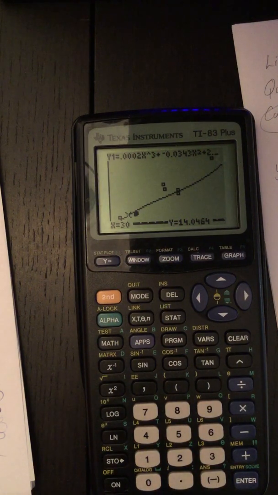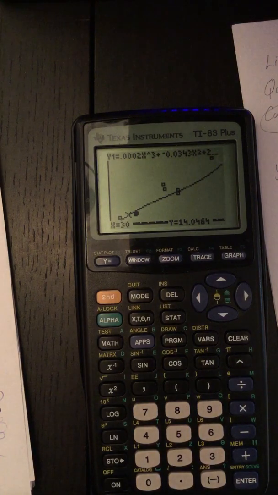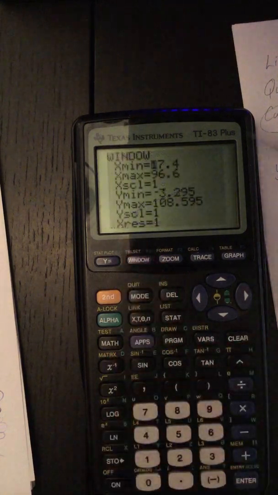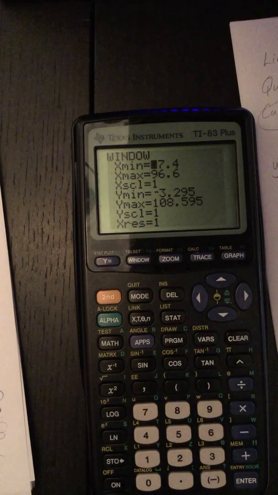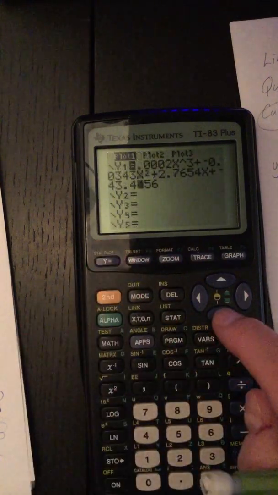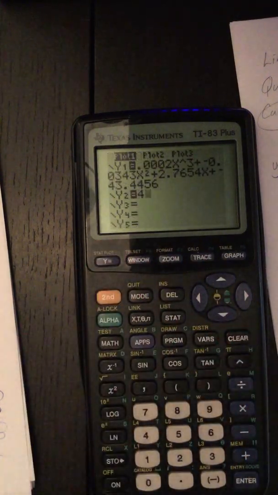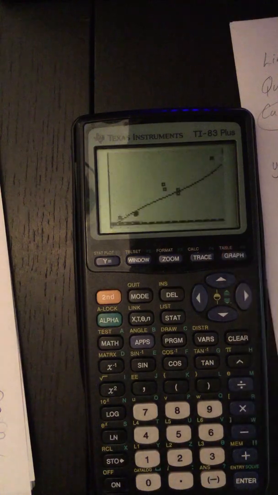D, determine the maximum speed the car should be traveling in order to stop within 4 meters, the average length of a car. So we want it to stop within 4 meters. Let's check our windows out and make sure that works. Well, my y minimum is -3, so that should work. Okay, so if I go into y equals and I put a 4 there, what it's going to do is draw a line across 4.